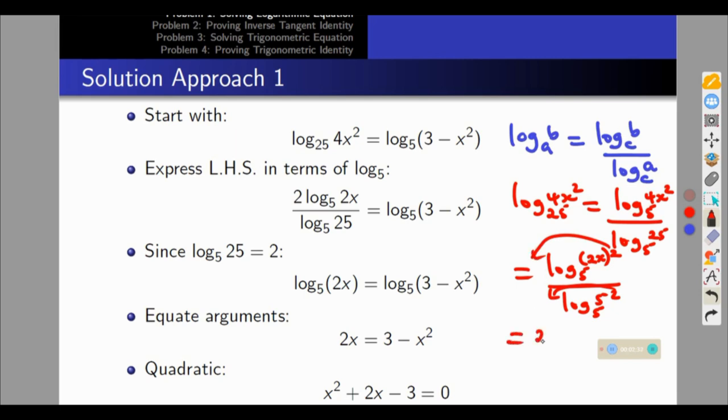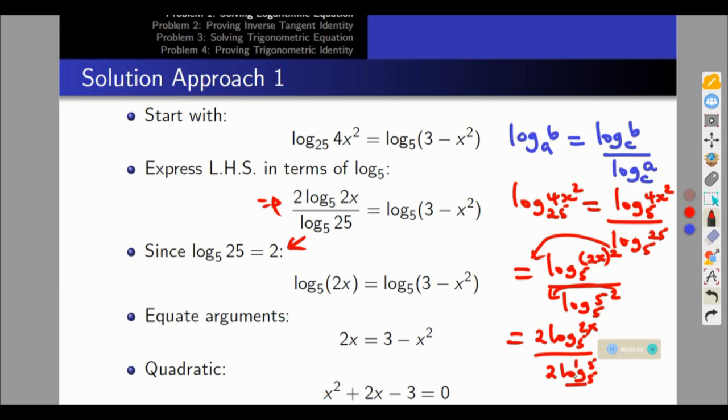So you will have 2 log base 5 of 2x divided by log base 5 of 25. As we have seen, log base 5 of 25 is the same as 2. So this is 2 log base 5 of 2x divided by 2 log base 5 of 5.